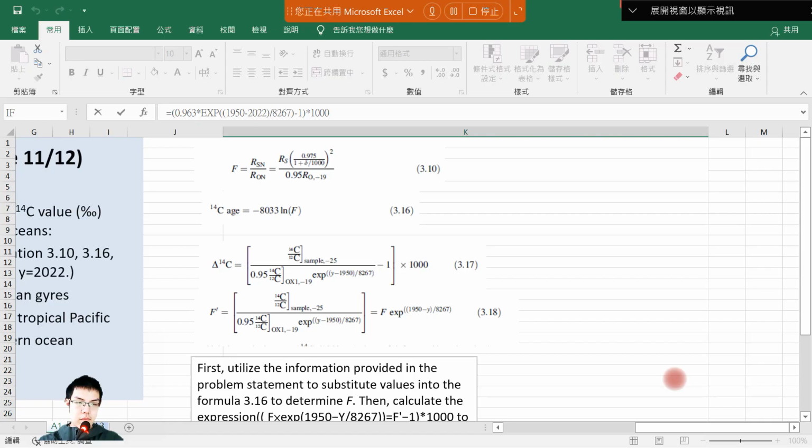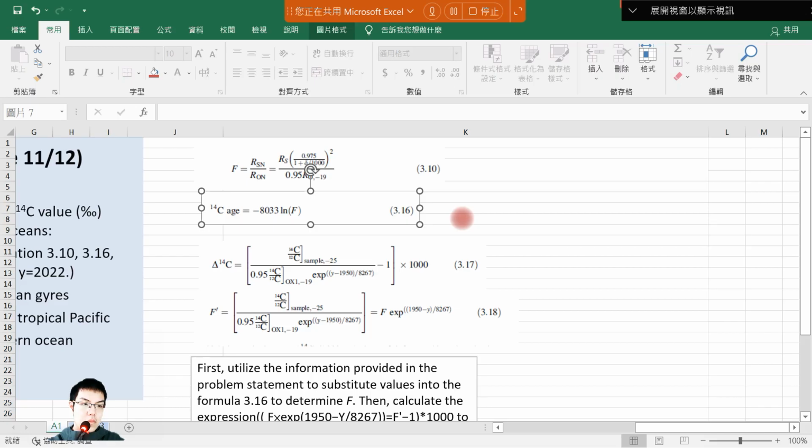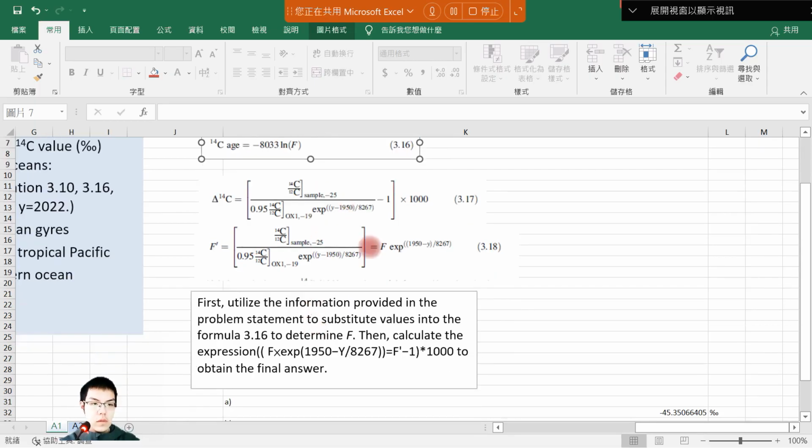Can you tell us where the C14H that you need to put in is? Using this equation, you can convert C14H to F. What is needed to calculate from F to big delta?